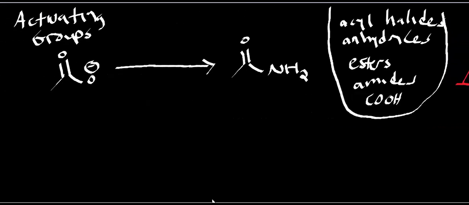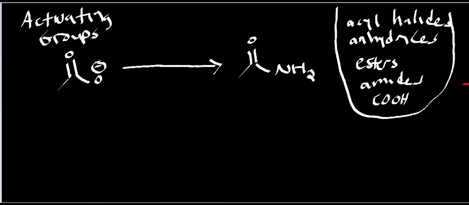So if you were to put that carboxylate in there, or really in organic, typically they'll draw it with the proton on it, but whatever. If you have a carboxylate and I put in some ammonia, this reaction is not going to happen. In fact, it would actually run in the reverse direction. So you can't do this in one step. You're going to have to go through an intermediate step.